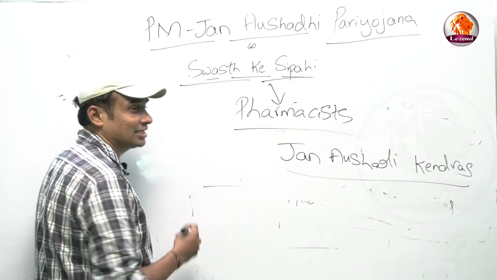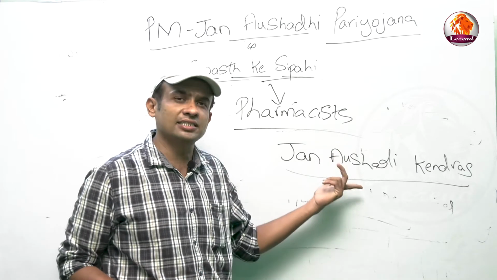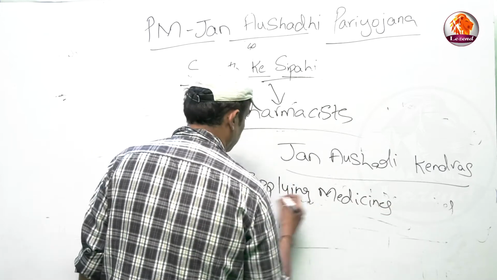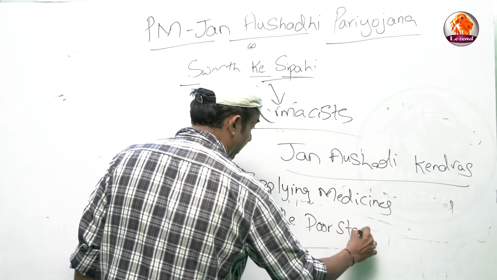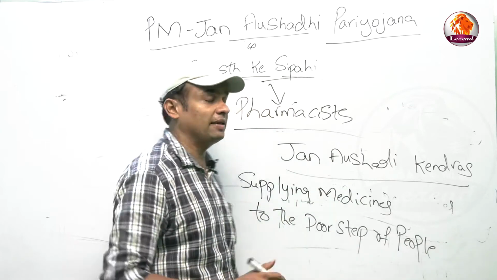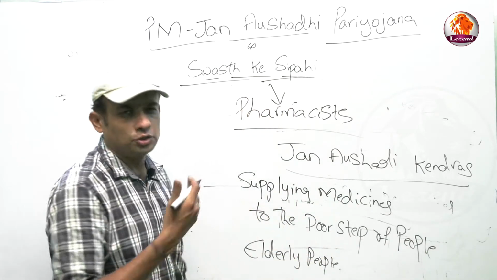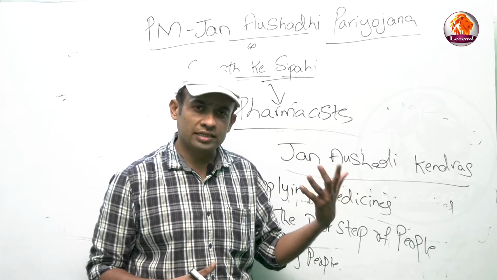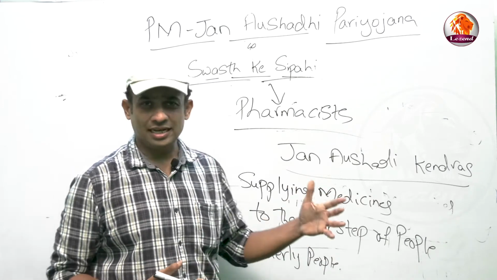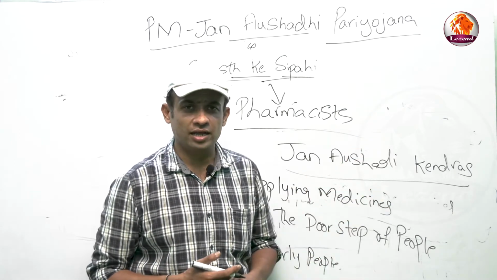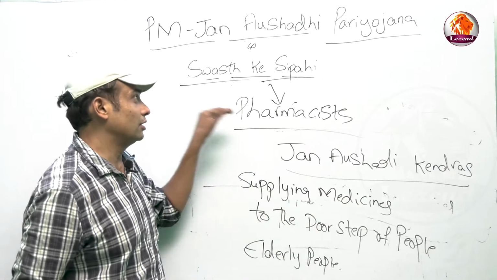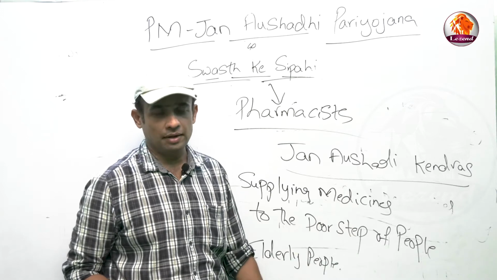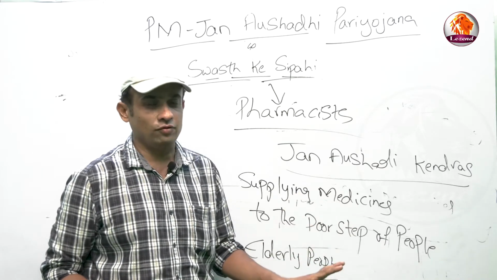They have played an essential role in supplying medicines to the doorstep of people, especially elderly people. Because during the lockdown, no one had to come out. Even if they had to, these generic medical stores may be far away. In this situation, the Swasth Ke Sipahis went to their homes and supplied medicines, and people could buy them at their doorsteps at very affordable prices.